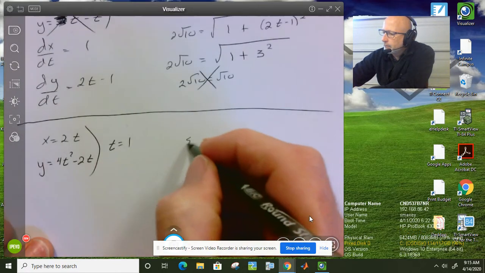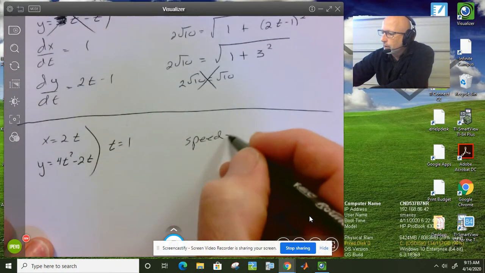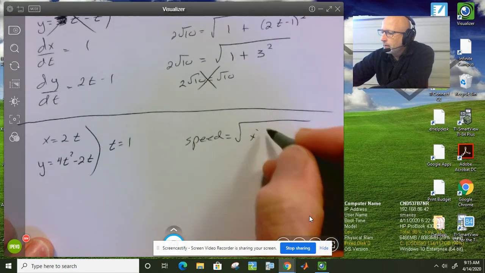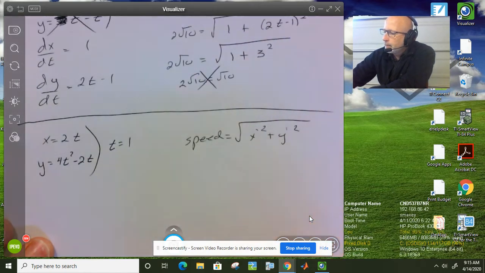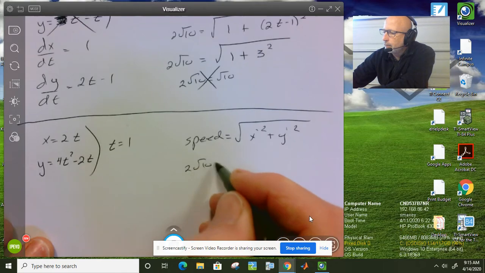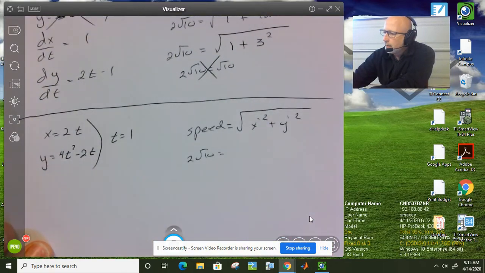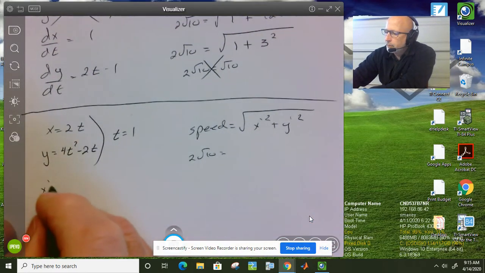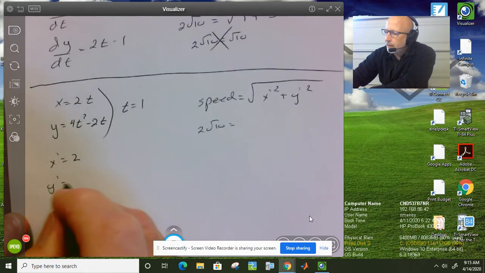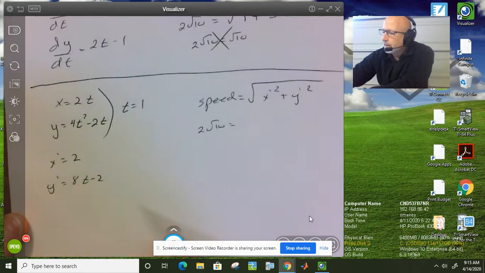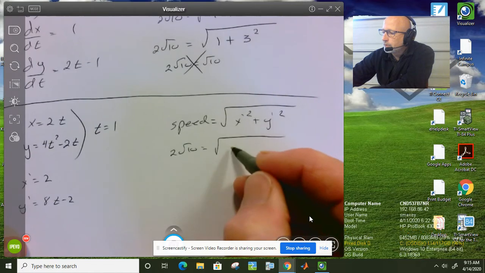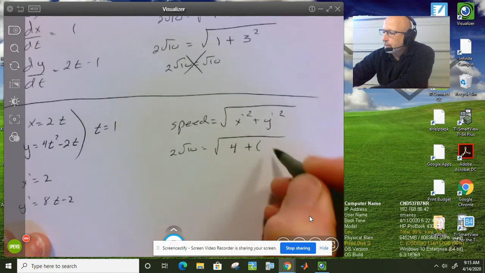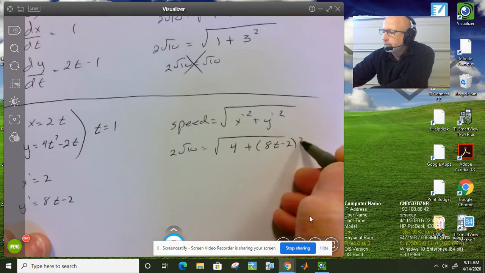Once again, speed is equal to the square root of x prime squared plus y prime squared. So I have 2 root 10 equal to, and I have to figure out what x prime is. x prime is 2, and y prime is 8t minus 2. So this is 2 squared, which is 4, plus (8t minus 2) squared.